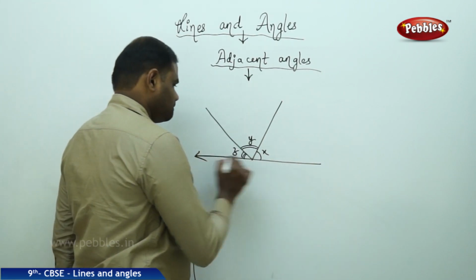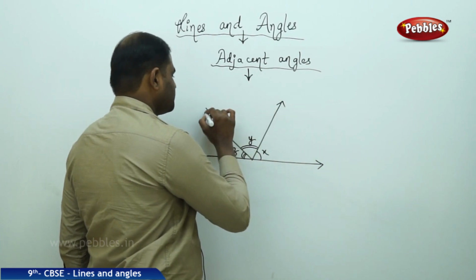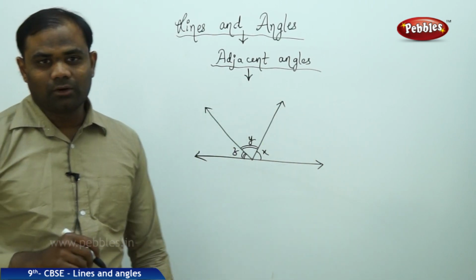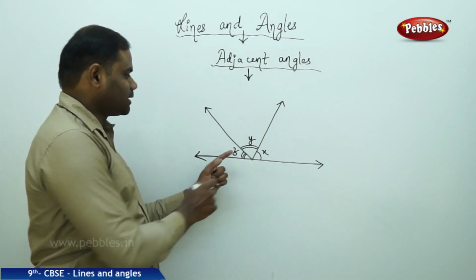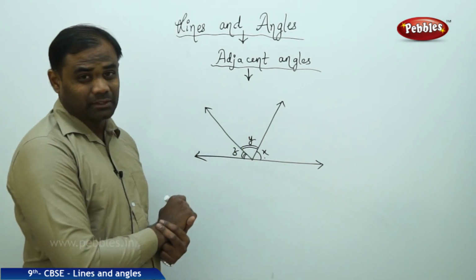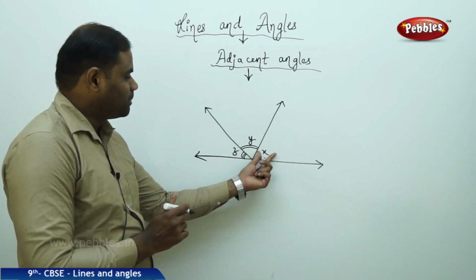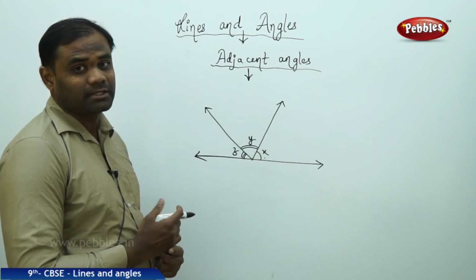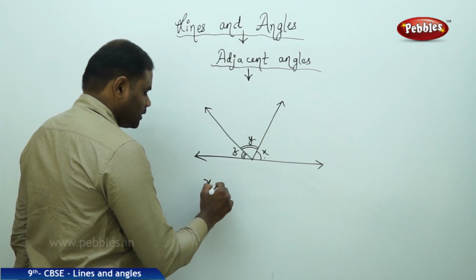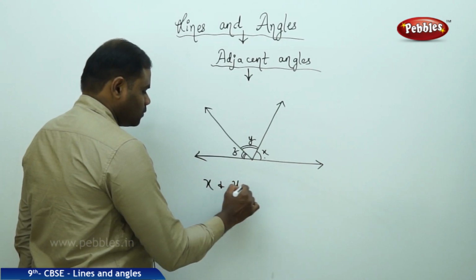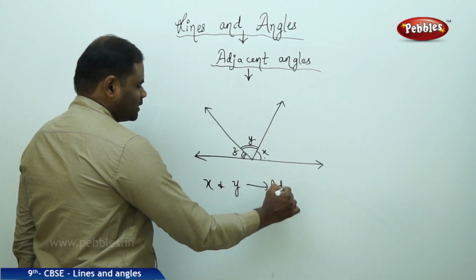Now here, let's see how adjacent angles can be applied. Clearly I see that X and Y are beside each other. But when I take the pair X and Z, they are not beside each other. So very clearly I can say X and Y are adjacent angles.